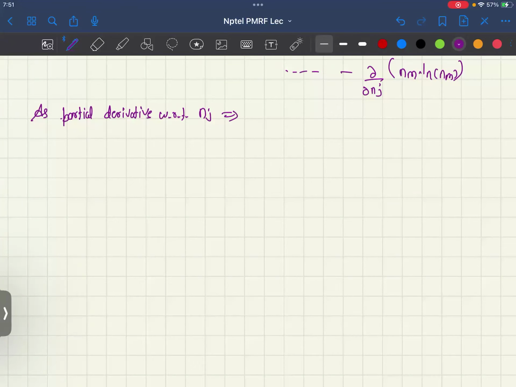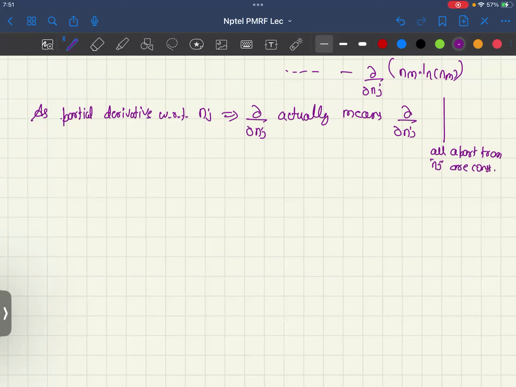This implies dou by dou nj actually means dou by dou nj of some quantity, where all variables apart from nj are constant.